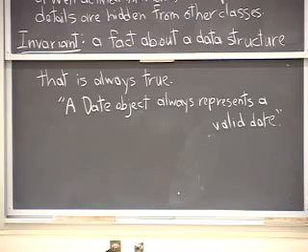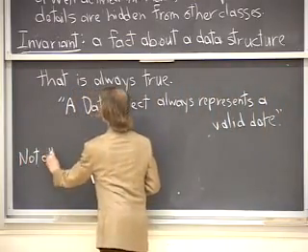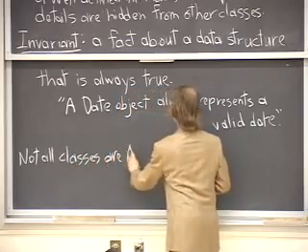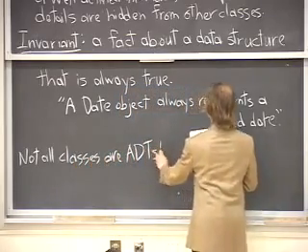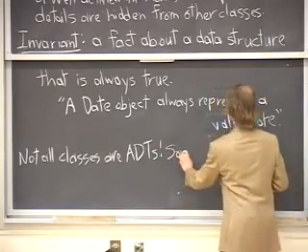It's just a way of passing numbers around or something like that. If you've looked at Project 1, then there's an example of that there. So let me write this down. Not all classes are ADTs. Maybe most of them are, but you actually have to think about it first. Some classes are just data storage units.